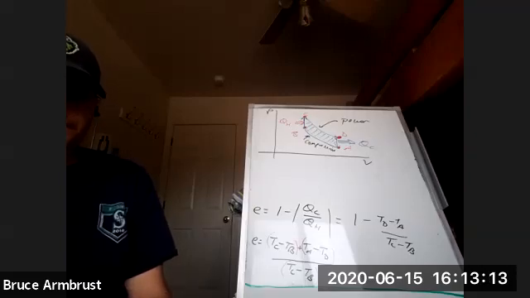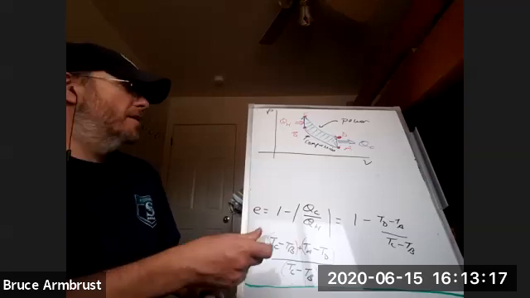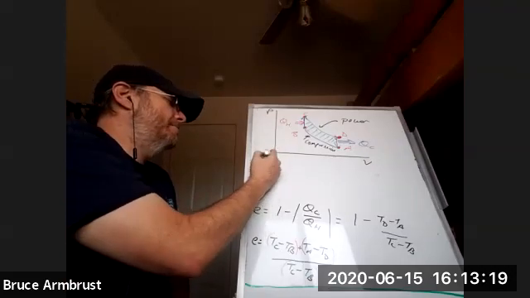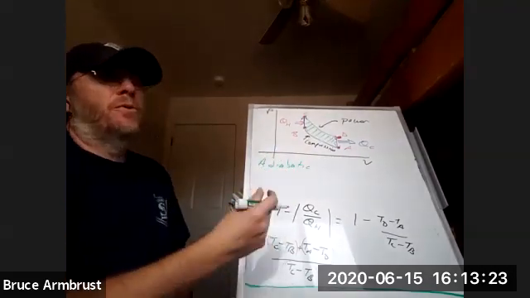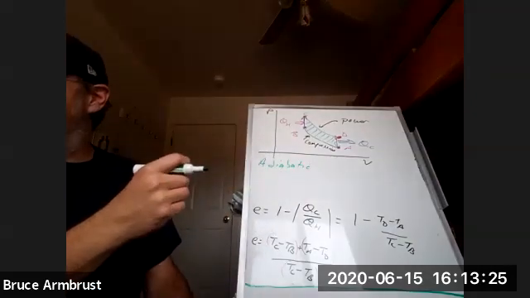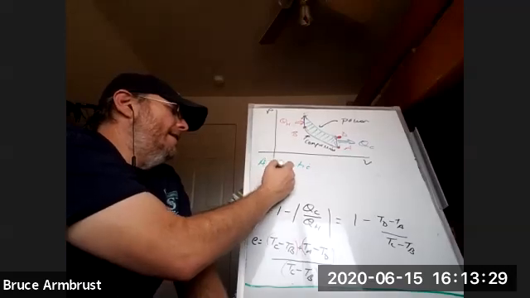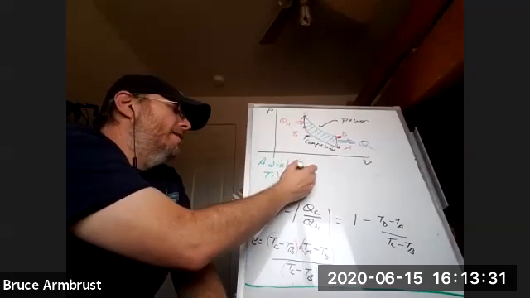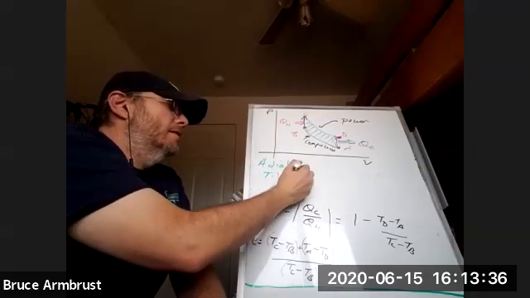Okay, so just to remind you from what we saw before, when you have adiabatic, we created a whole series of equations, but one of them is that T times V to the gamma minus 1 is constant.